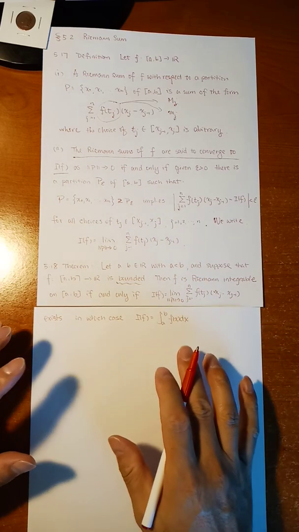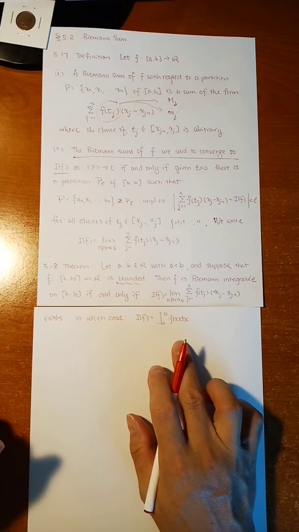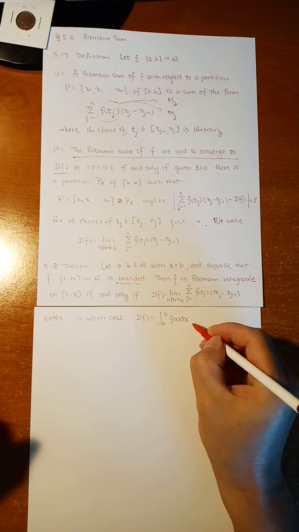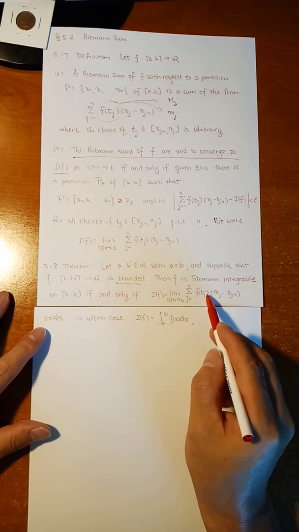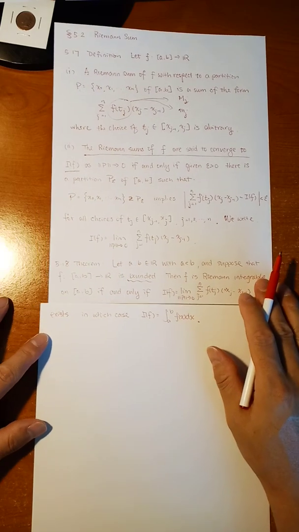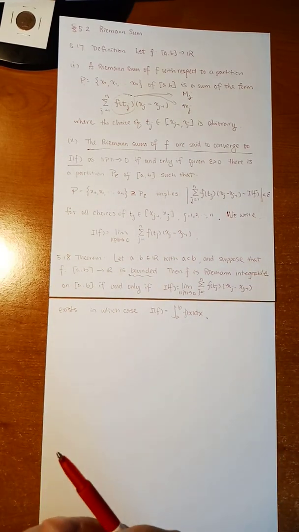The integral is the supremum of the lower sums and the infimum of the upper sums. Remember that. So this quantitative statement is a property statement. We are going to prove this 5.18 in detail.